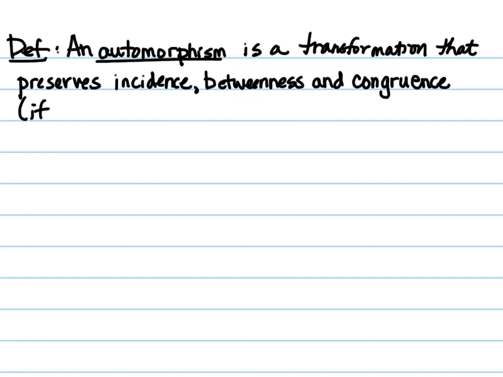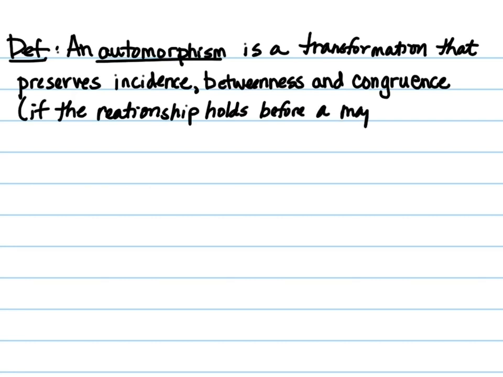So basically this is saying if one of those relationships holds before a mapping, then it holds for the images.